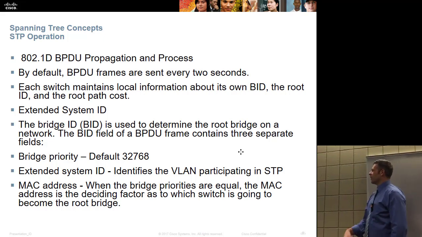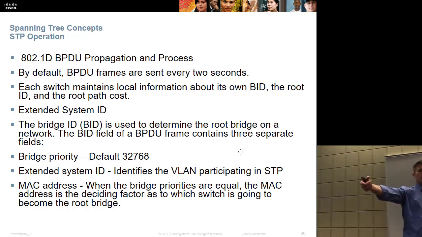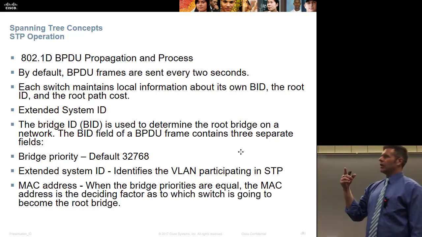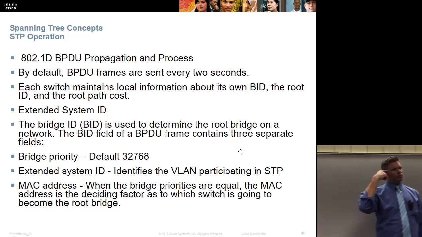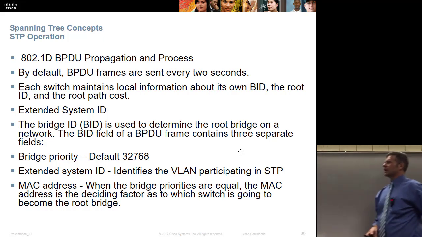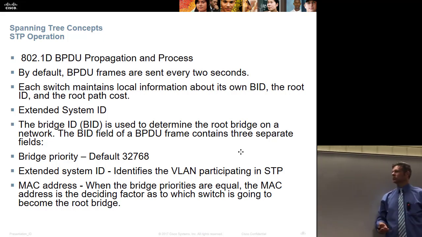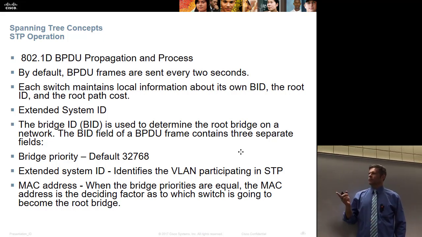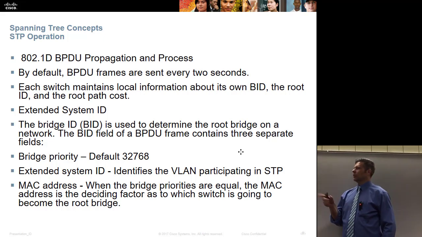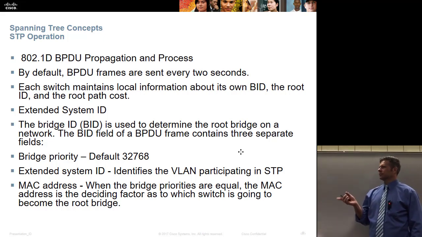Each switch knows about its own ID, the root ID, and the path to get from the switch in question back to the root. It knows about the system as a whole, and depending on that ID number, the lowest one is the winner.